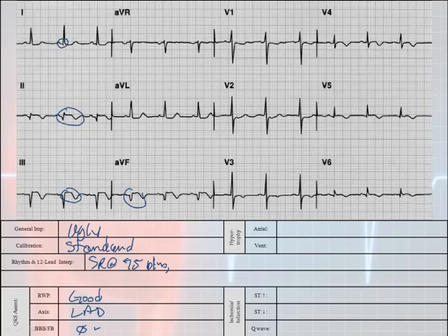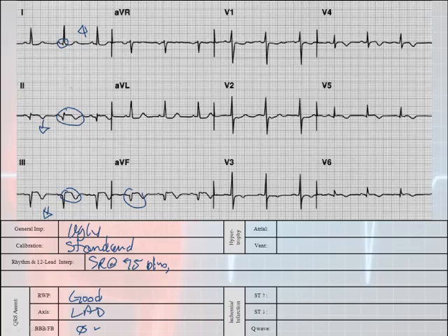I do have a Q1, and do I have an R3? Actually, this is a QR. So I do have a small Q wave in lead 1 and a small R wave in lead 3. So I have that. Is my lead 1 pointed up, is 2 pointed down, and 3 pointed down?